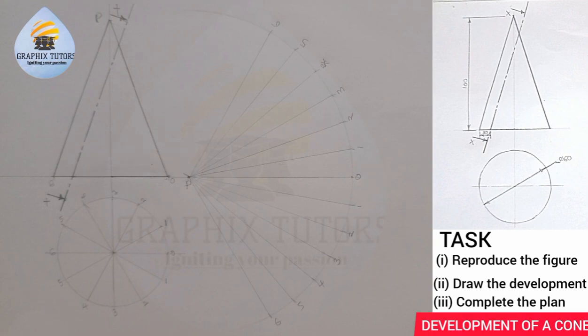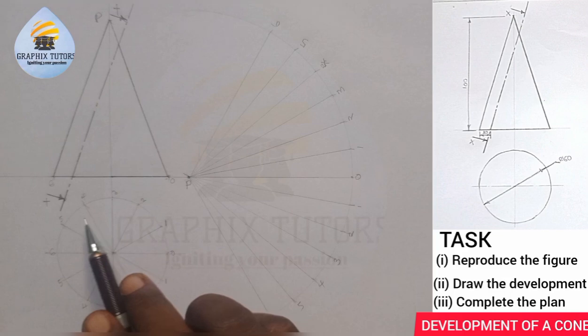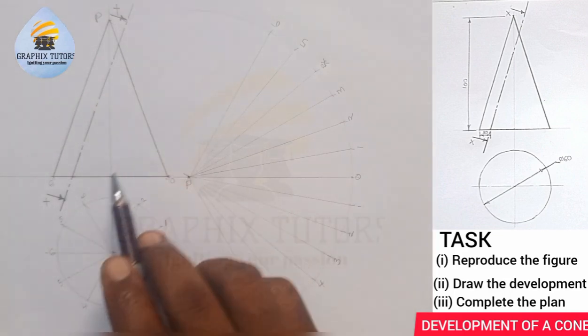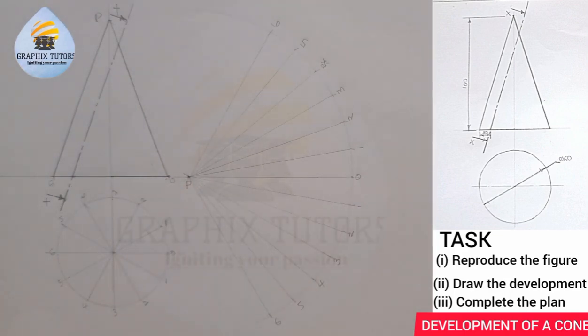Now we move forward. The next thing we'll do is project each of these points up to touch the base of the circle. Right?